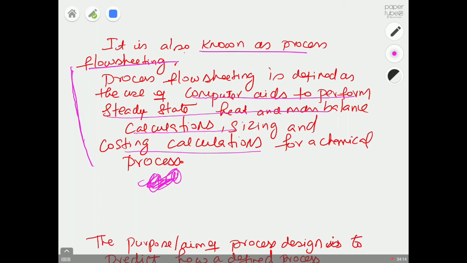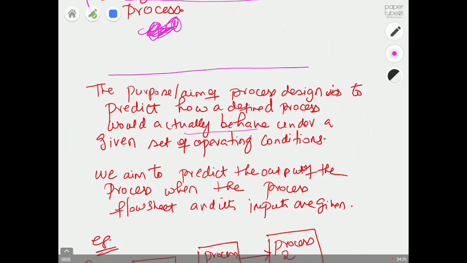And then what's the purpose of process design? This is really important. The whole aim of process design is to predict how a defined process would actually behave under a given set of operating conditions. For example, for a continuous tank reactor, you give some input and we change some conditions, and then we want to know what the output may look like.